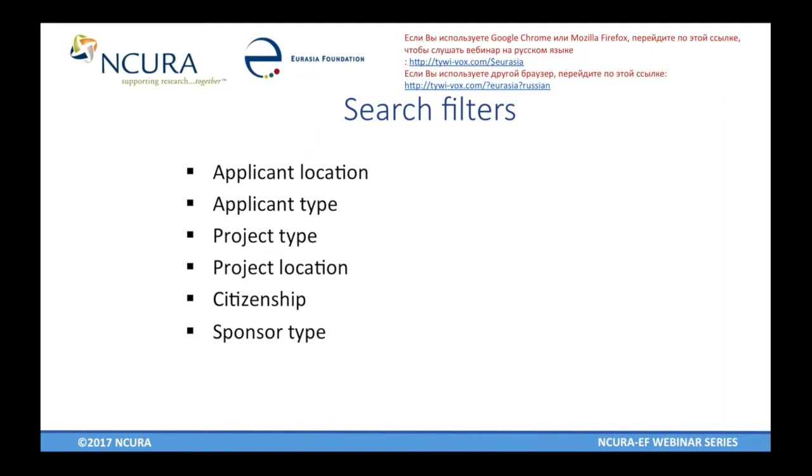This is where I physically want to conduct my project. Citizenship. There are a whole host of citizenship options in these databases. And sponsor type, such as industry, foundation, federal assistance. Apply search filters to liberally weed out information that's not applicable to your project goals.